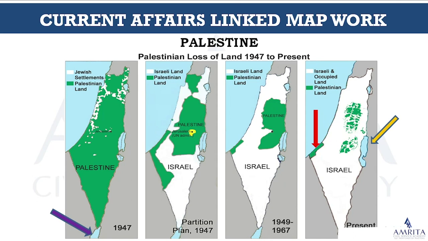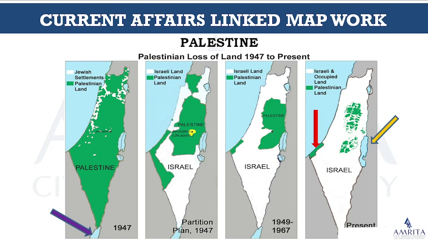The green areas are the Palestine area and the white areas the Israeli area. Now Palestine regions are confined to some smaller settlements, some in the east and some in the west.